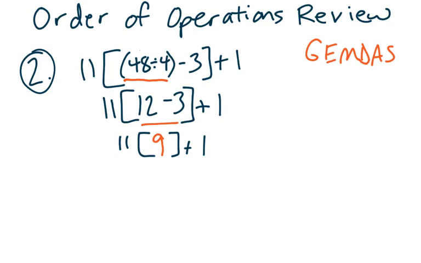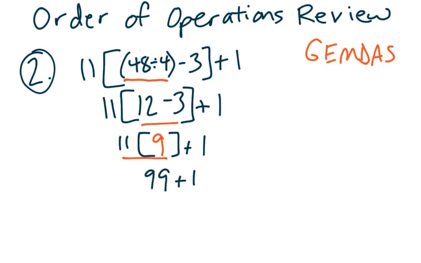And anytime you have a number next to brackets, that's multiplication. So what this means is 11 times 9 plus 1. So, of course, according to GEMDOS, we've got to multiply before we add. So 11 times 9, boys and girls, that's going to be 99. And then we keep our plus 1.